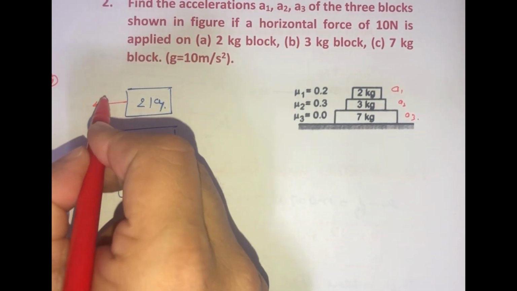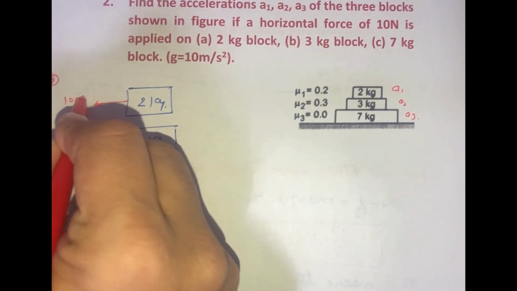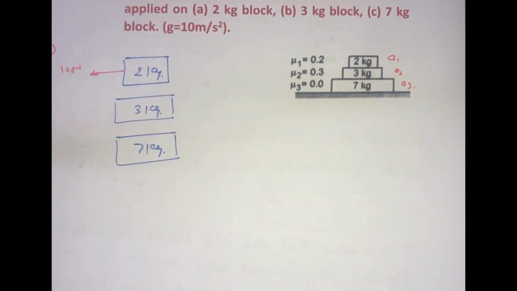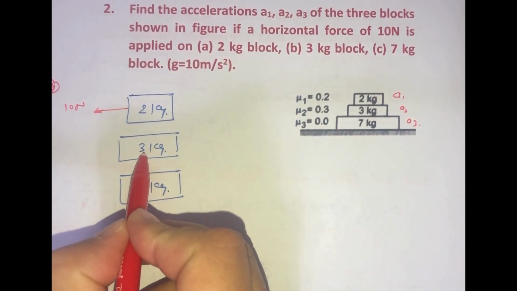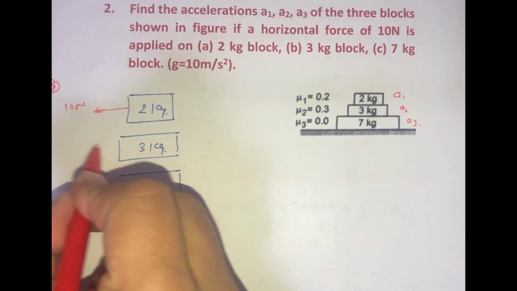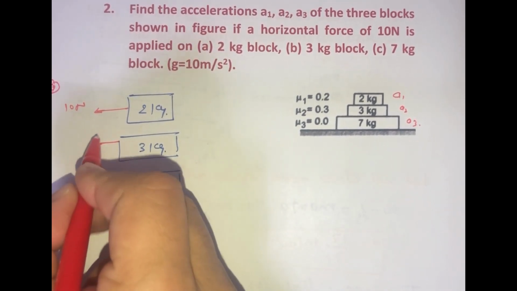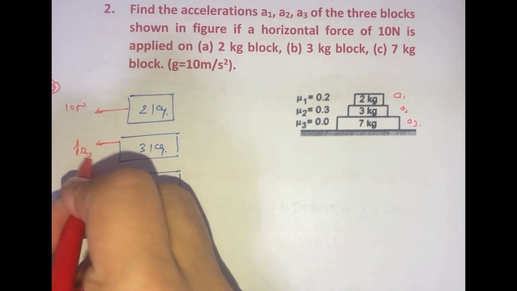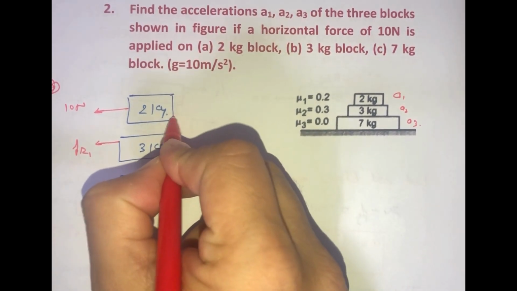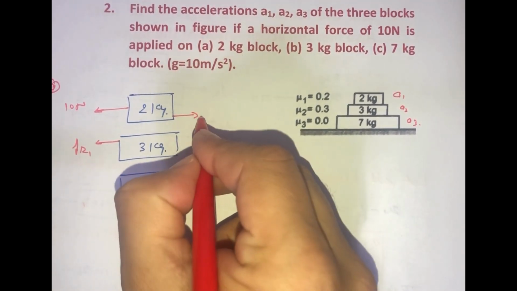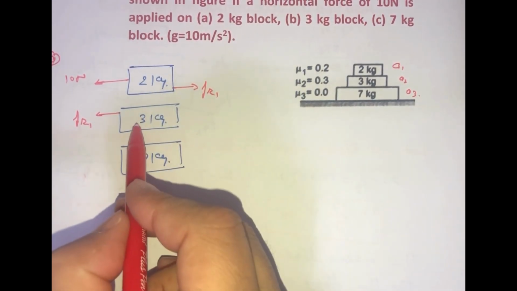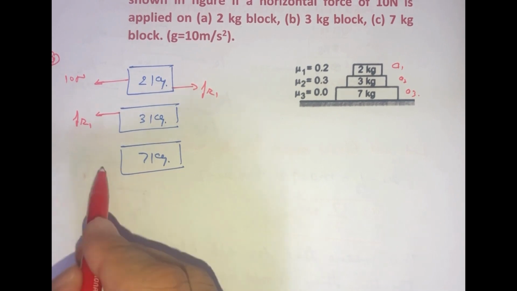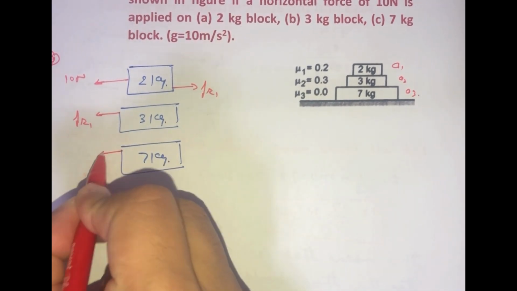So we have in this direction a force of 10 Newton. Because of this 10 Newton, it will try to move the 3 kg block in the same direction. Let us suppose this is given as FR1, and we are going to have an opposite reaction to this FR1 on the 2 kg block, and this 3 kg block will try to move the 7 kg block towards left.